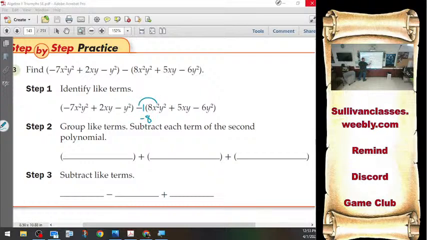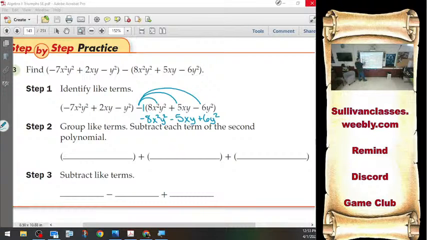So negative 8x squared y squared. We're gonna distribute it. Negative 5xy. We're gonna distribute it. Uh-oh. What's a negative 1 times a negative 6y squared? Positive 6y squared.